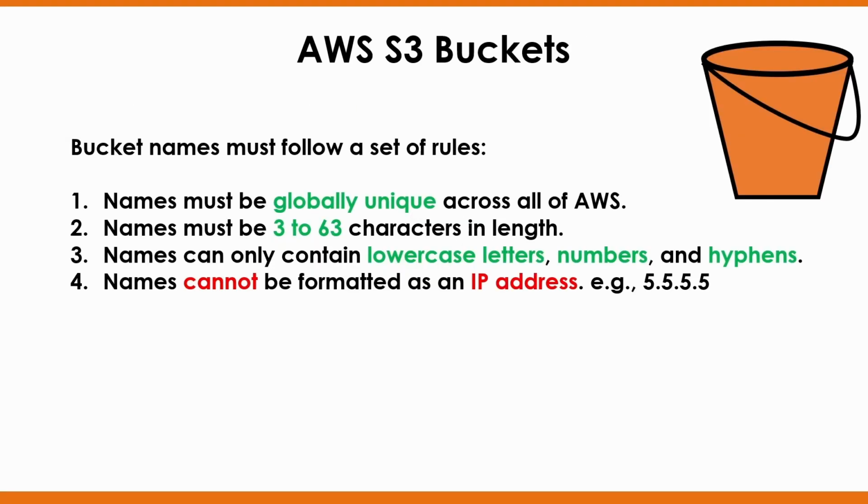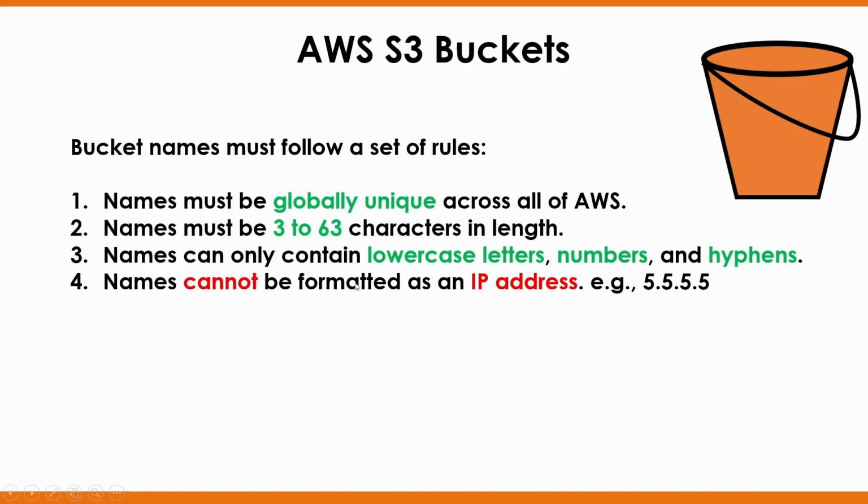You have to follow certain rules when you're creating a bucket in AWS S3. The name must be globally unique across all of AWS. I have highlighted that in green here. And make sure that you remember these points, because in the exam they might ask you this question. The name must be 3 to 63 characters in length.